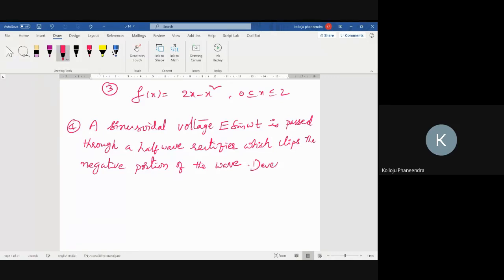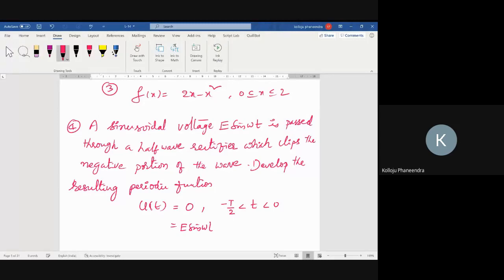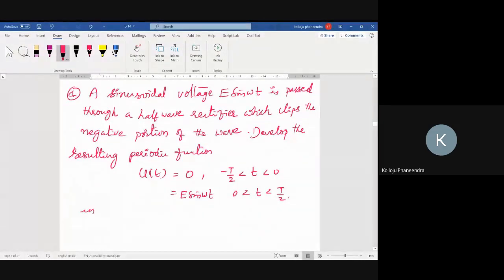Develop the resulting periodic function u of t in a Fourier series. Instead of f of x, u of t is given: u of t equal to 0 in the interval minus T by 2 less than small t less than 0, and is equal to E sin omega t in the interval 0 less than t less than capital T by 2.